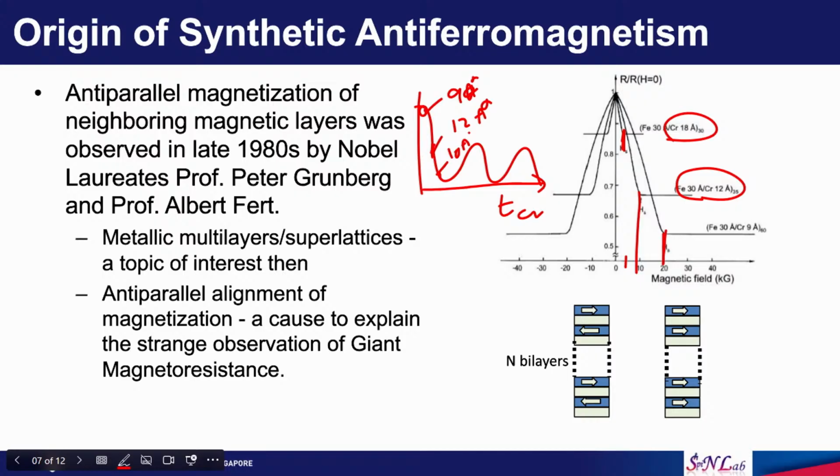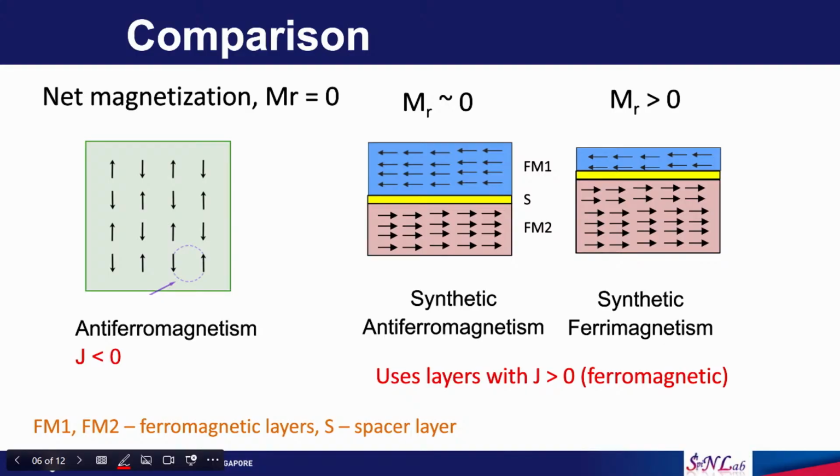In this particular set of samples, luckily they all have the same sign of J, a negative J, which can introduce an antiparallel magnetization configuration. Okay, so with that let us move on to the second topic.